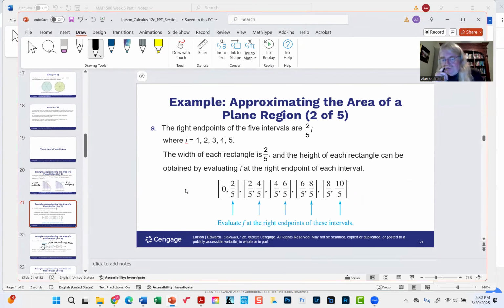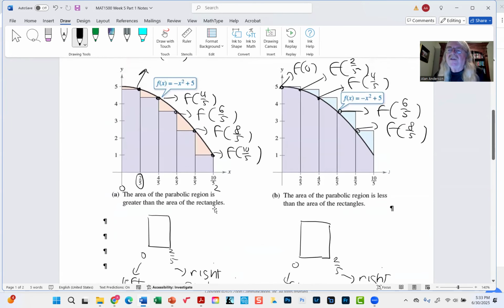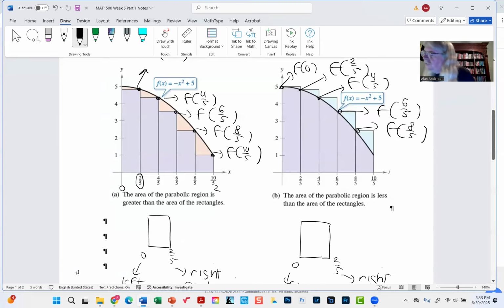By the way, notation-wise, what they want you to notice here is that each rectangle is represented by an index i. So we can think of this as i equals 1, 2, 3, 4, and 5.